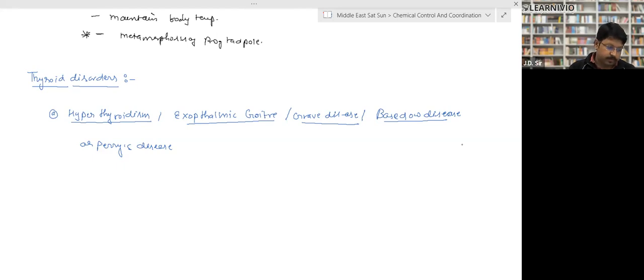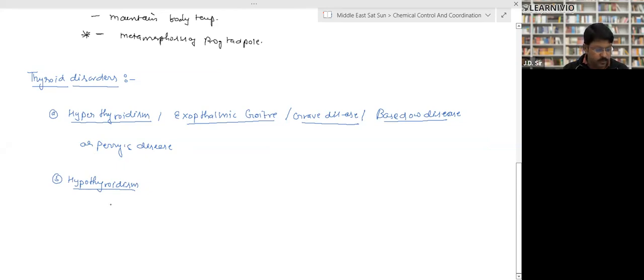Next, the second disease, hypothyroidism. Hypo means less secretion. Hypothyroidism can be of different types, right? There are a number of types.